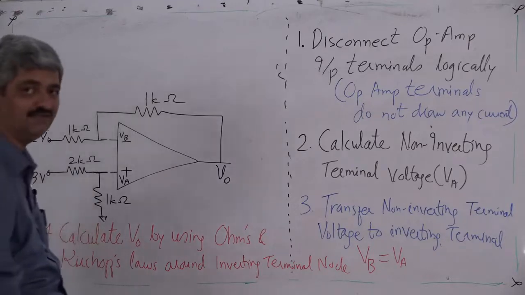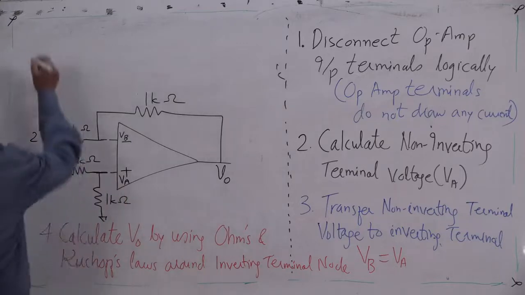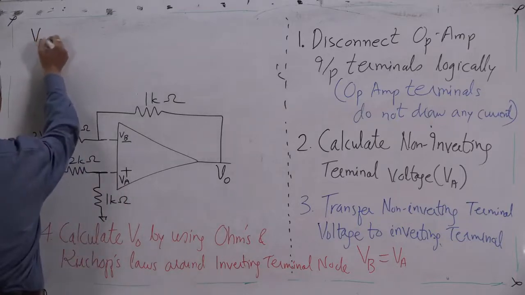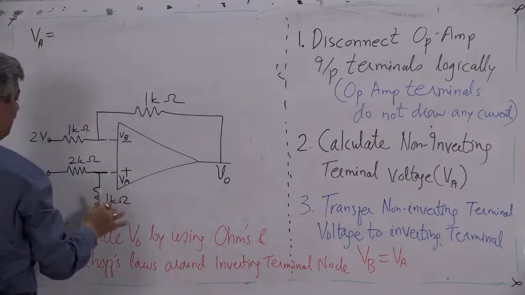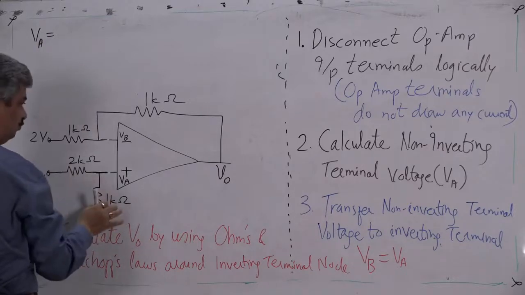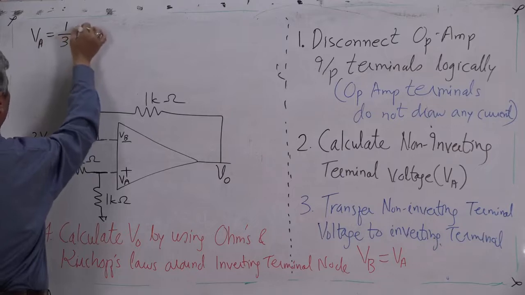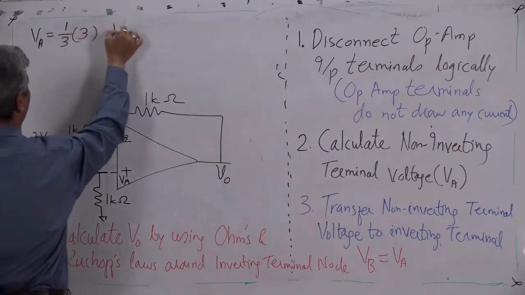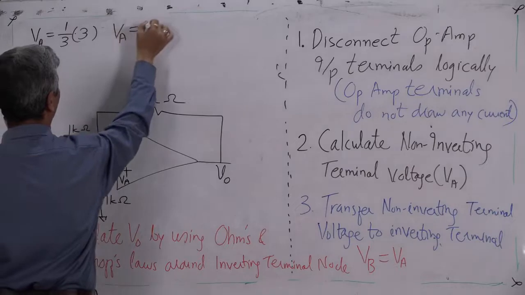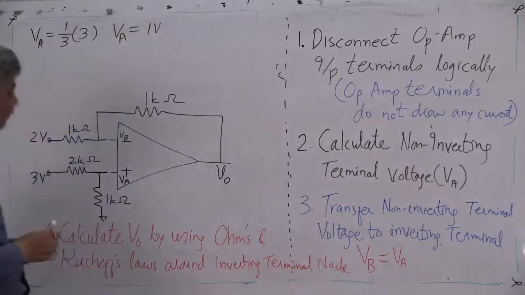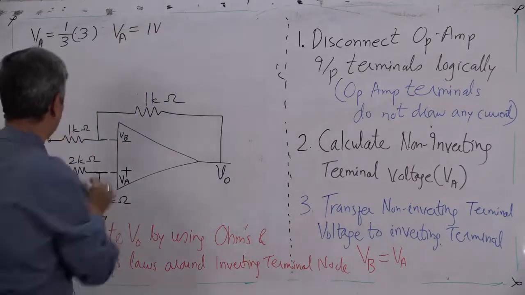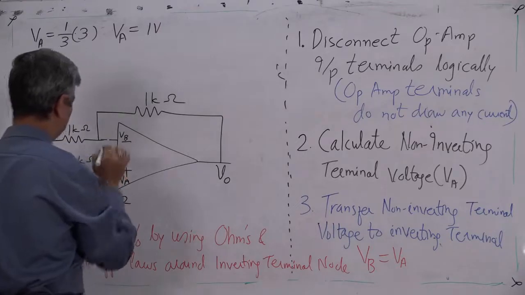So obviously VA is equal to 1 upon 1 plus 2, that is 1/3, or VA is 1/3 into 3. So VA is 1 volt. So I write VA equal to 1 volt here.